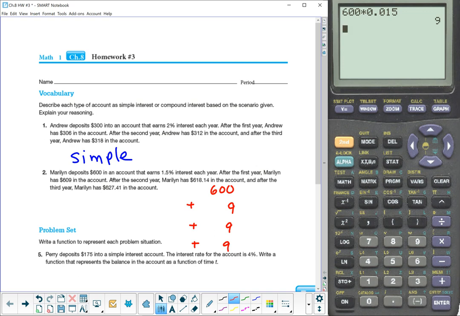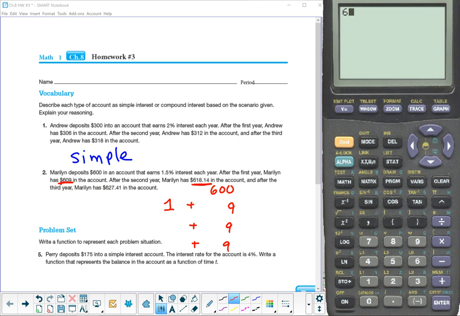But let's see. After the first year, 609. At the second year, 618.14. So I don't think that's going to be simple anymore, right? But let's see how that works. If I add $9 the first year, then I'll have 609.